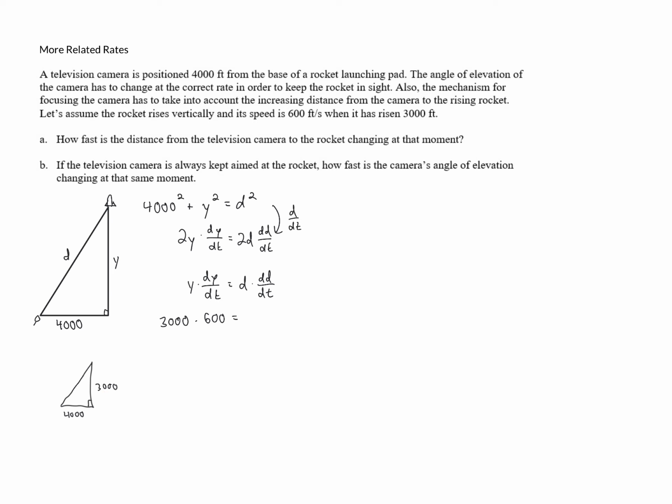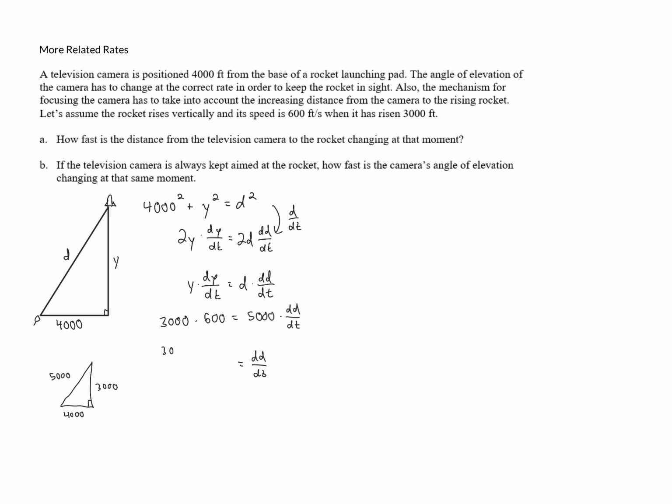There's such a thing as a 3, 4, 5 triangle, and this is going to be a 3,000, 4,000, 5,000 triangle. If you don't already know that, go through and use the Pythagorean theorem on your own. Make sure you can figure out that's 5,000, but once we have that, that's going to be 5,000 times dd over dt. And then we need to divide by 5,000 to get that derivative by itself.